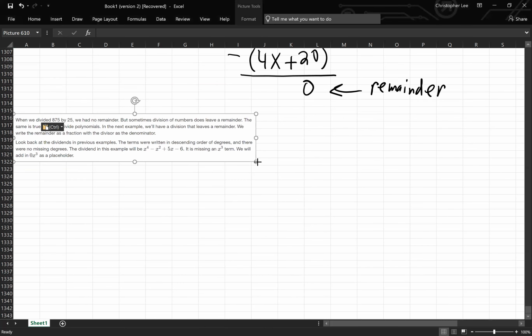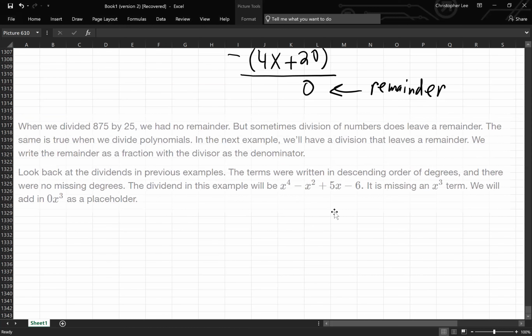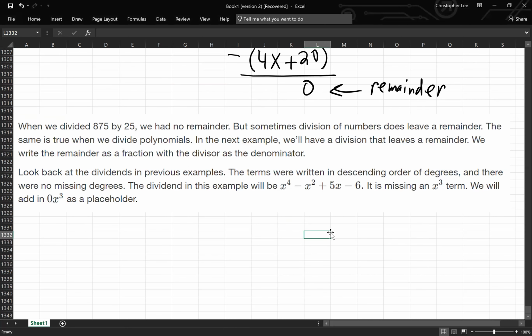Okay. So when we divide 875 by 25, we had no remainder, but sometimes division of numbers does leave a remainder. The same is true when we divide polynomials, right? So in the next example, we'll have a division that leaves a remainder. We write the remainder as a fraction with the divisor as a denominator, right?